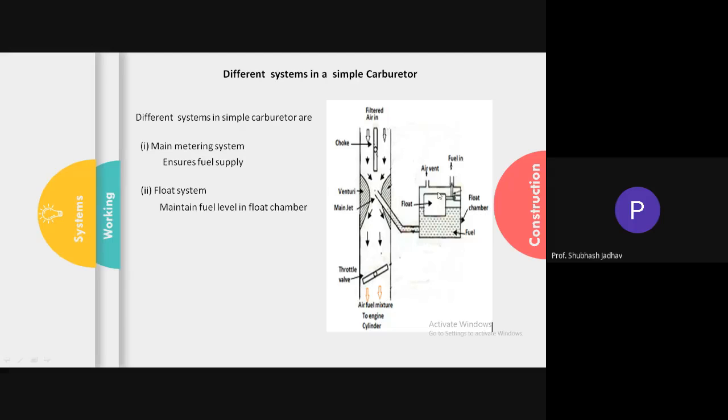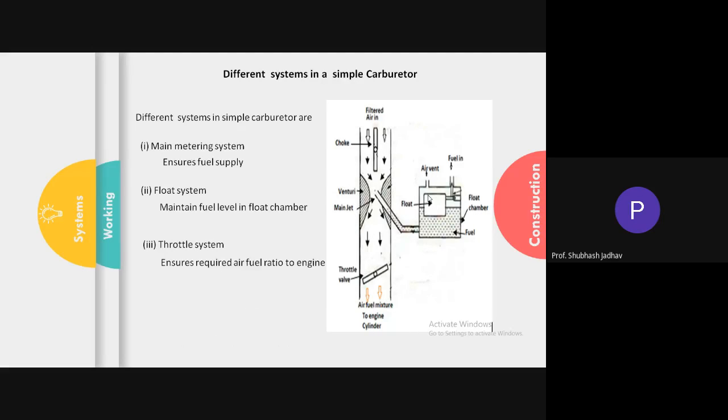By doing so, it maintains the fuel level in the float chamber. It ensures that it is going to be fixed. नेहमी fuelची level एवढीच आहे हे मेंटेन करण्यासाठी कोण आहे तिथं? Float system आहे. So what is the function of the float system? The function of the float system is to maintain a constant fuel level in the float chamber. So that is the float system.